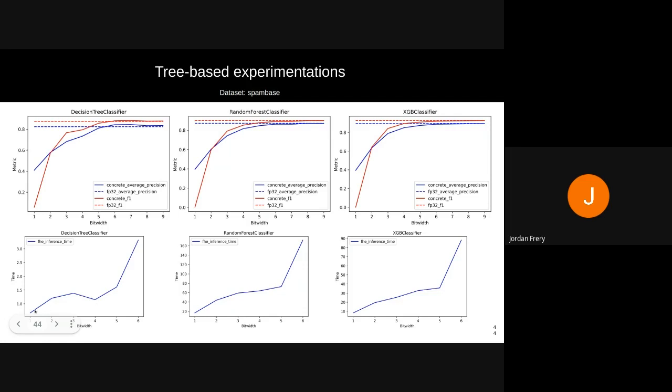But you can see that from 1 to 6 bits, it will triple in terms of execution time. Random forest, as you guessed, is the most costly of the tree-based models because it just builds very deep trees. And XGBoost, I guess, is more friendly to FHE because it builds very shallow trees while having good accuracy.